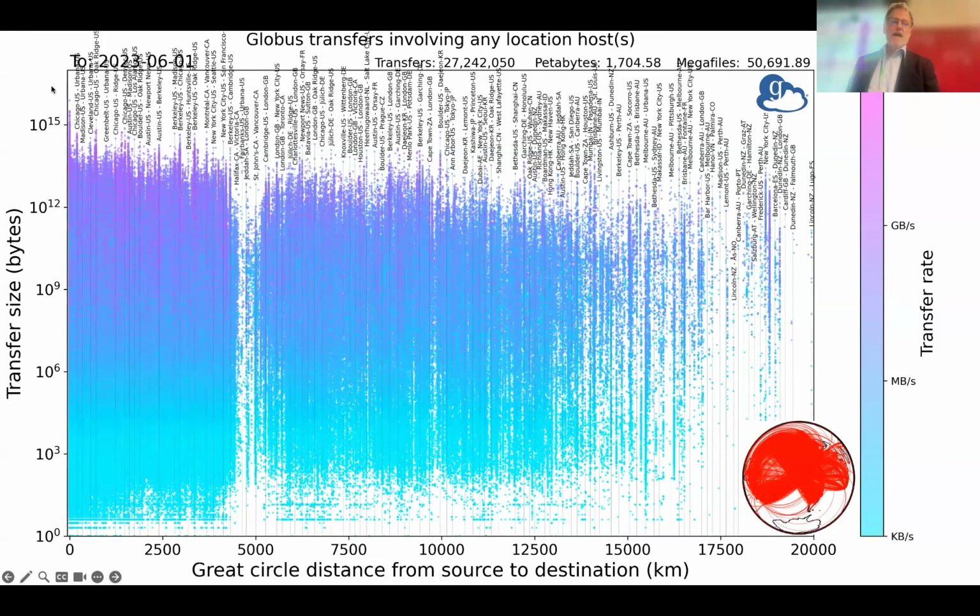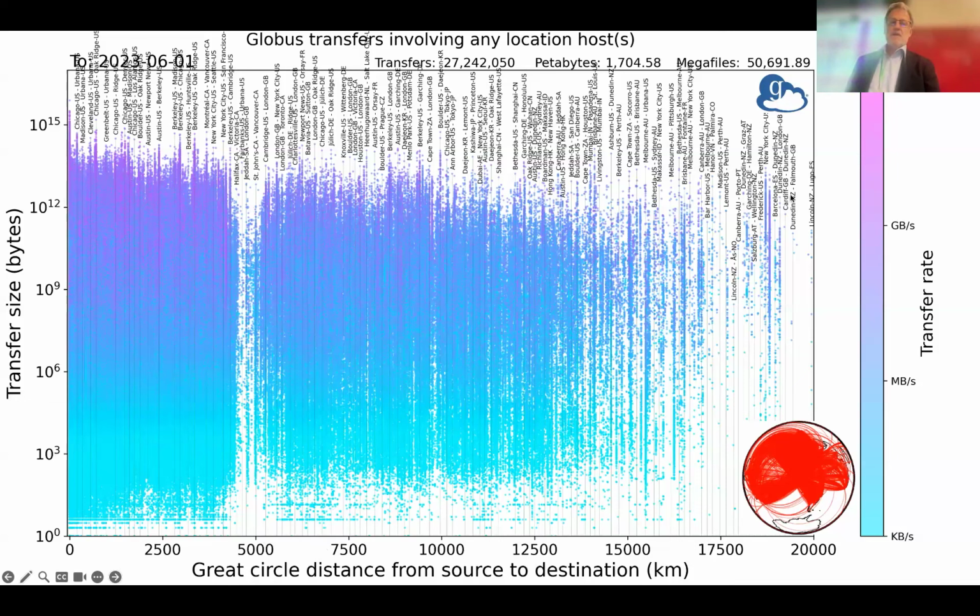The y-axis is the size of the transfer. It might be millions of files, but maybe they add up to a petabyte, in which case they'd be up here, 10 to the 15th. And the color is the transfer speed. And so you can see, obviously, that bigger transfers and shorter distance transfers tend to be faster.